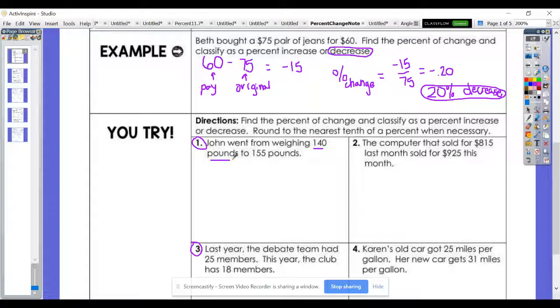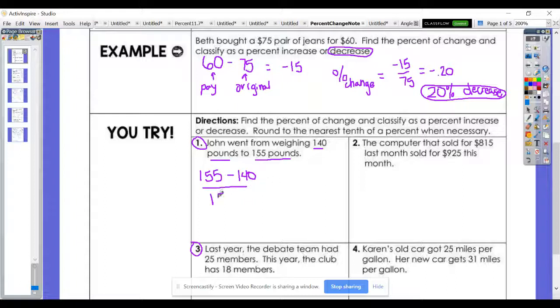So John's final weight is 155 because he went from 140 to 155. His original weight was 140. So that's giving me my change.